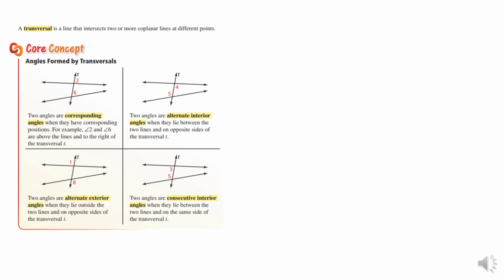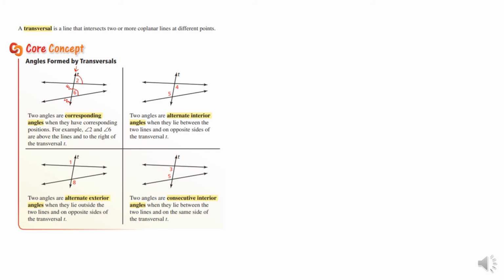Angles that are on the same side of the transversal, in the same position on top of the angle, are corresponding angles. The same could be true of this angle and this angle. They're in the same position on the lines, underneath the lines, on the same side of the transversal.